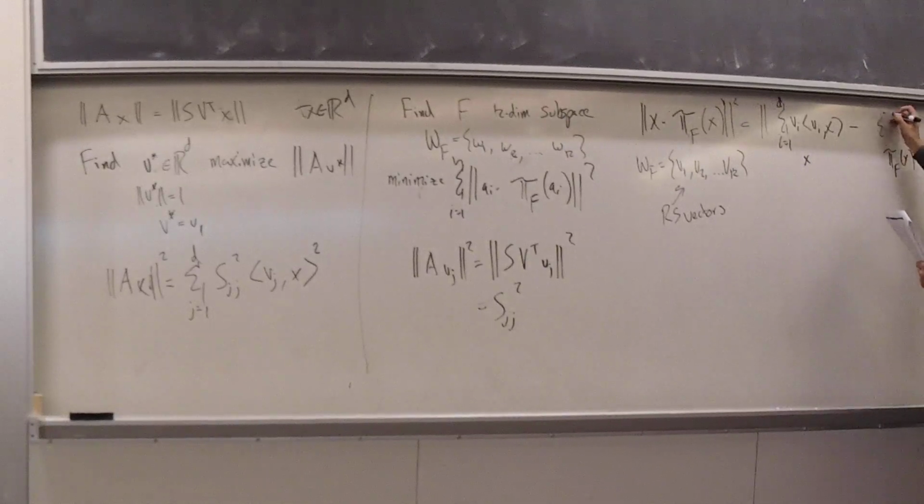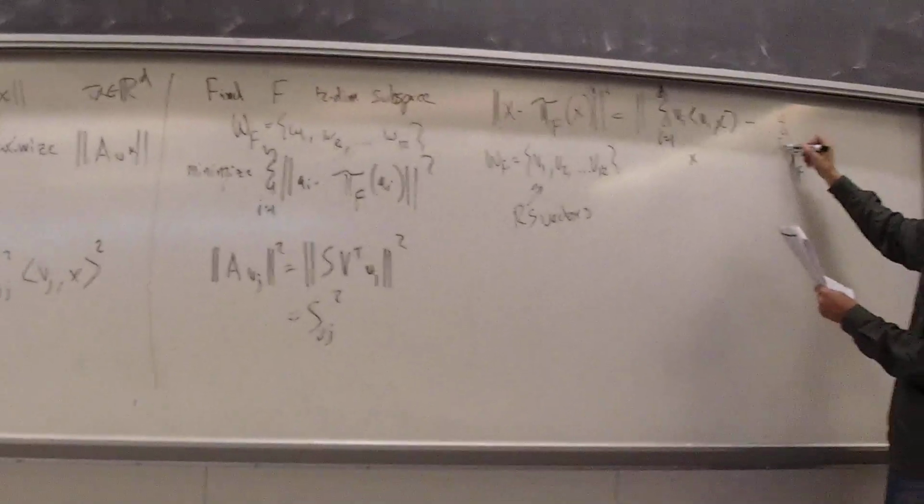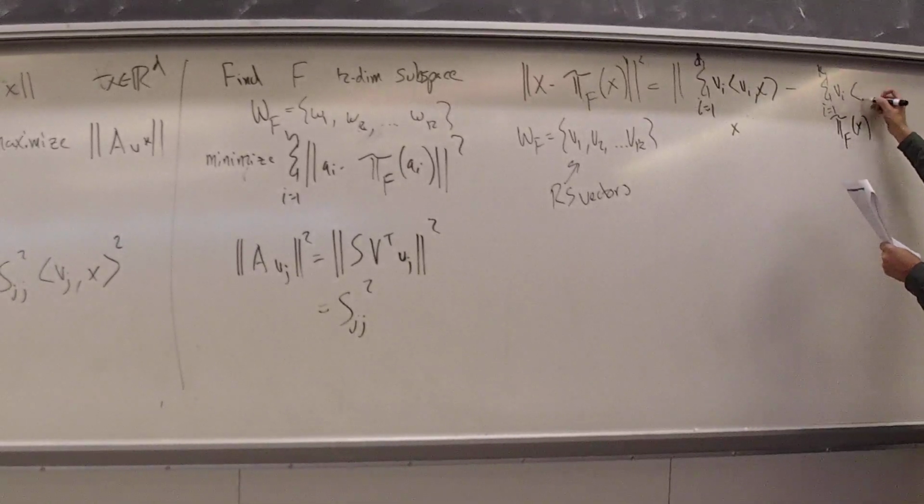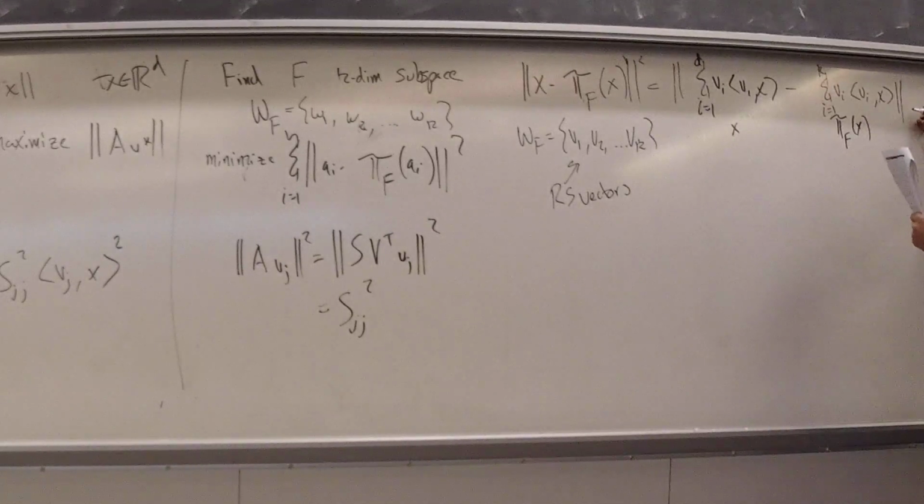This is just going to be the top k of these. So if I just project onto the top k, then I'm going to get the projection onto f. I've just written the top k things here, left, right?